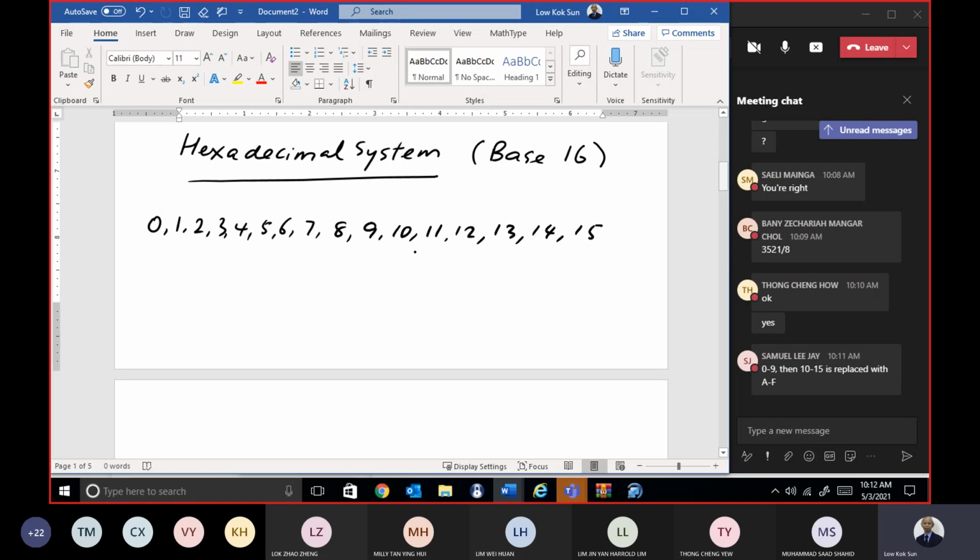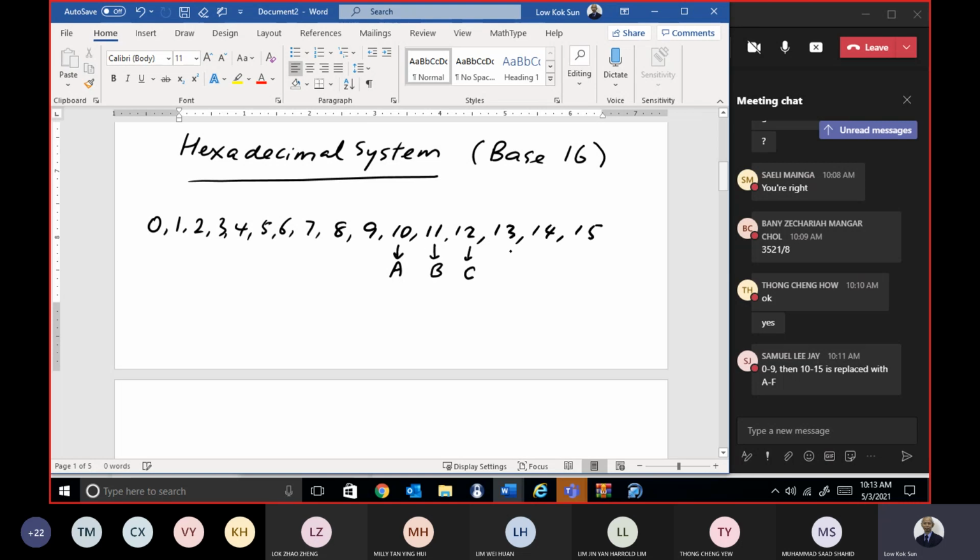In order to avoid the confusion, from this number onwards we don't use 10, we use alphabet letters, which you already know. So 10 means A, unless next time you are an expert in your area and you invent your own number, understand? It's okay, but people already say 10 means A, then B, so it's easy to understand.